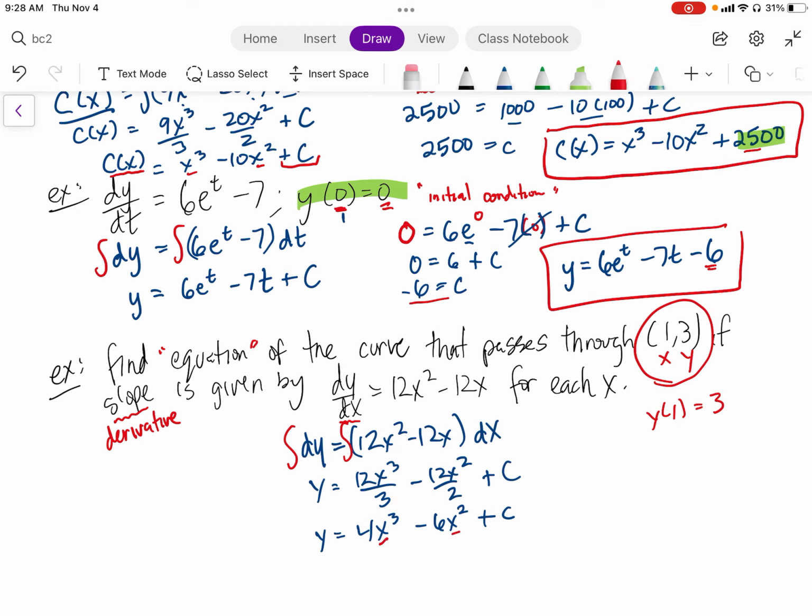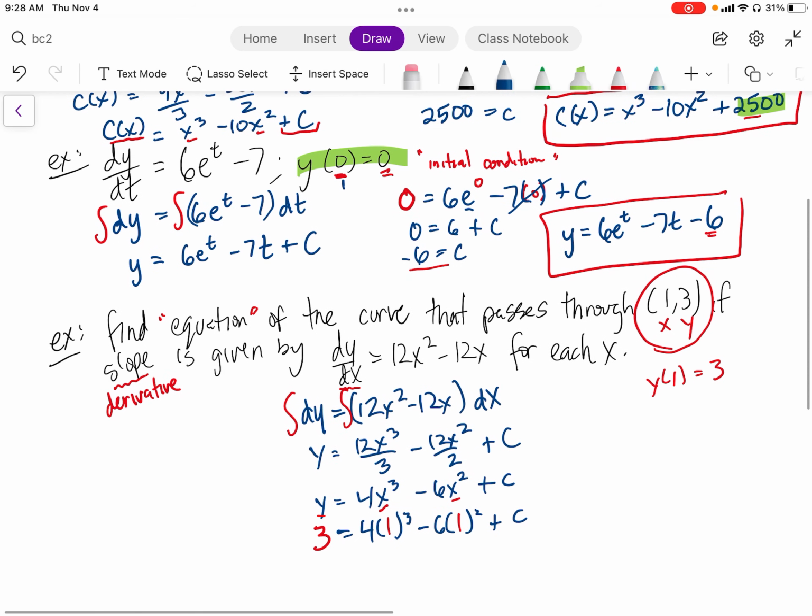So substitute all the values you were given. Y is 3. I'm going to just write this x is 1. So 4 multiplied by 1 to the third minus 6 times 1 squared plus c. All right, so we get 3 equals 4 minus 6 plus c. That is a negative 2.